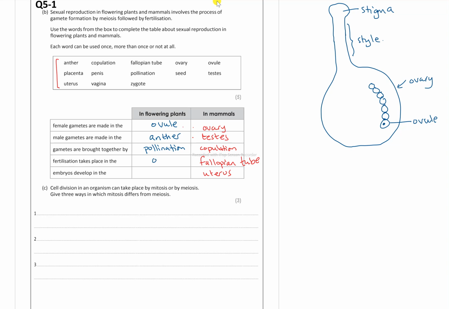Fertilization takes place in the ovule, and embryos develop in the seed. Okay, there you go. This actually is a good table to have and learn.